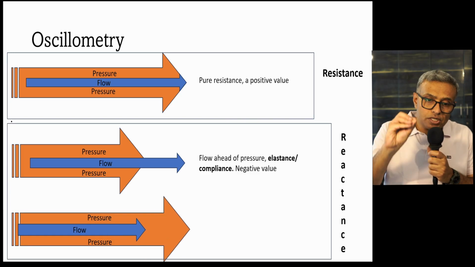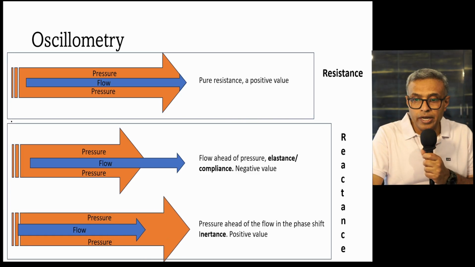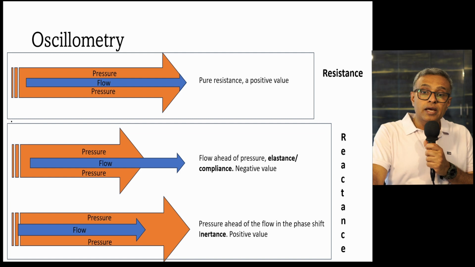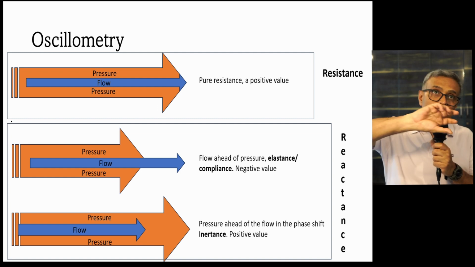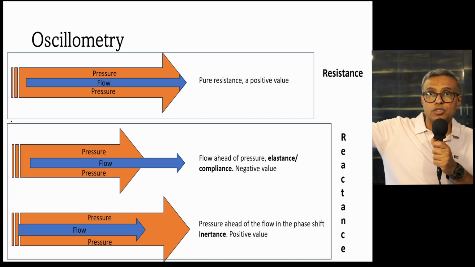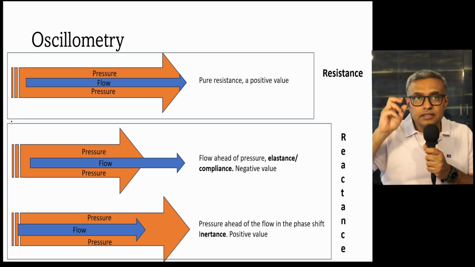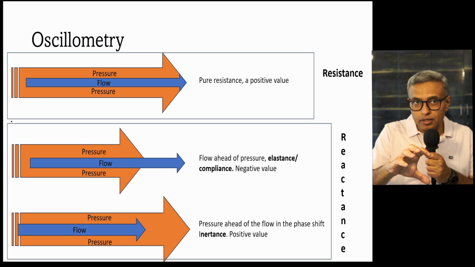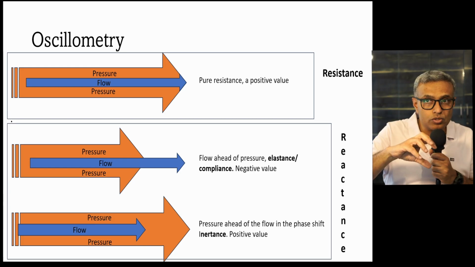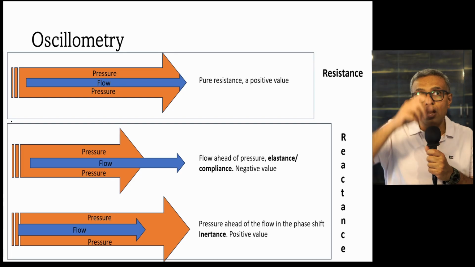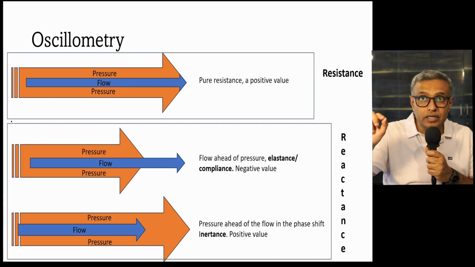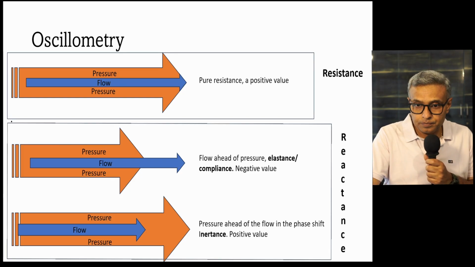When the pressure is ahead of the flow, it measures the inertance. There occurs a phase shift from negative value to positive value. How the negative and positive values are derived is not really important. This is only for the origin and how we depict it in our graphs.